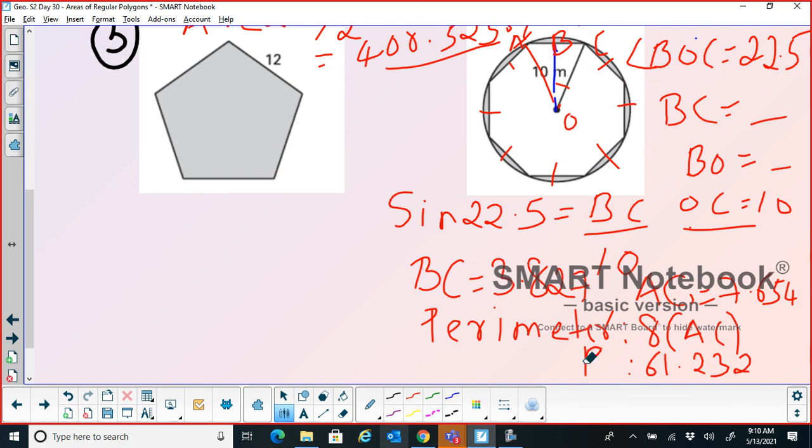But we haven't found the apothem yet. We need to find the apothem, and the apothem is going to be BO, and we have the value of OC. So we can use cos 22.5.